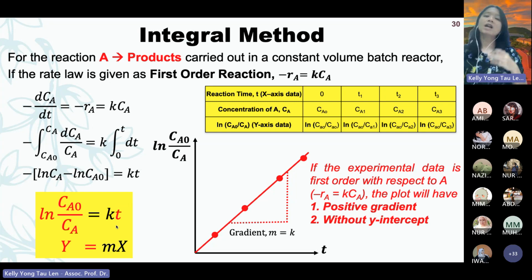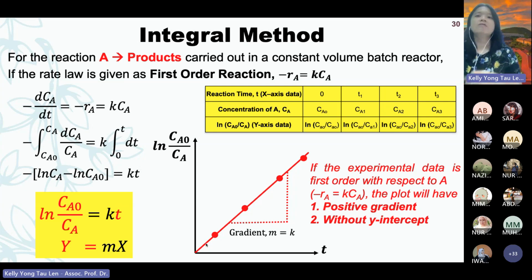Okay, dan walaupun katakan dia dapat positive gradient, tak confirm lagi. You have to check the second requirement, which is dia takkan ada y-intercept. So let's say you plot, tiba-tiba ada y-intercept, then meaning your reaction is not first order. So kamu kena faham, kamu tak boleh paksa reaction tu ikut order yang kamu nak. Kamu kena cari order yang mana akan fit kepada reaction yang kamu ada.